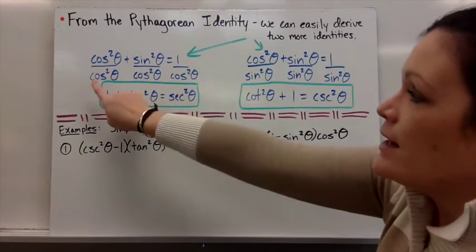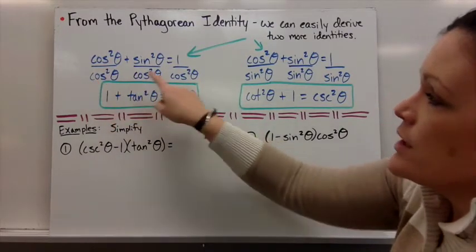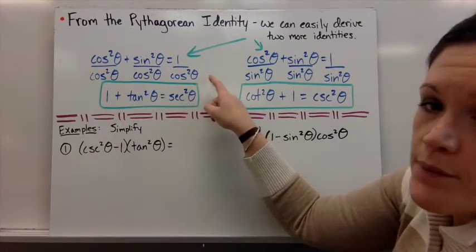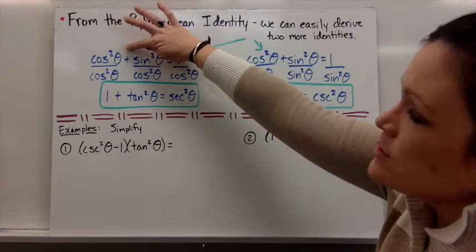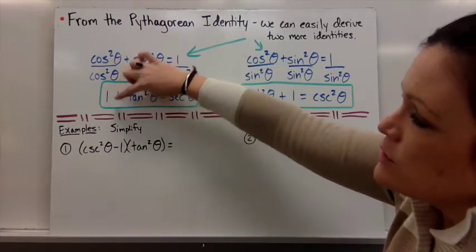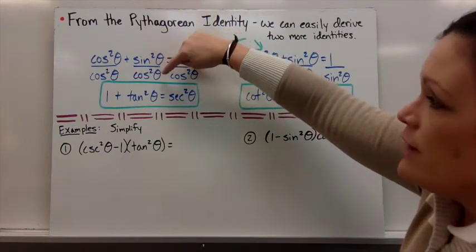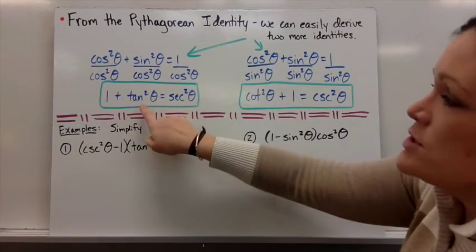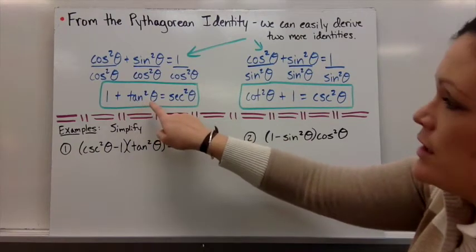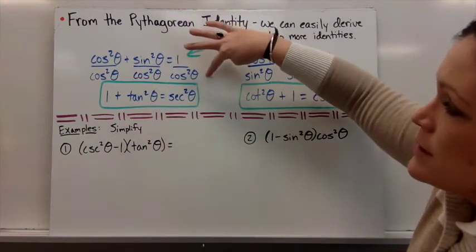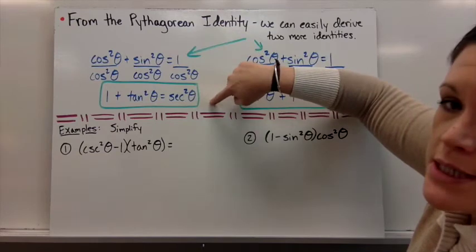And then I divided everything by cosine squared theta and I reduced each term. So for the first part, cosine squared theta divided by itself is just equal to 1. For the second term, I have sine squared theta divided by cosine squared theta, which is equivalent to tangent squared theta. And then 1 divided by cosine squared theta is equivalent to secant squared theta.